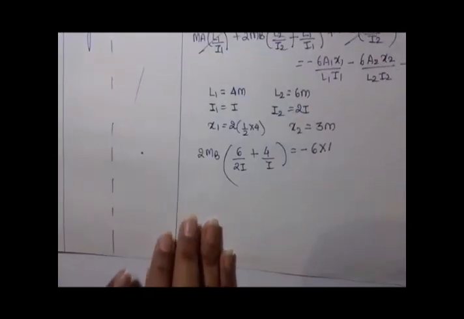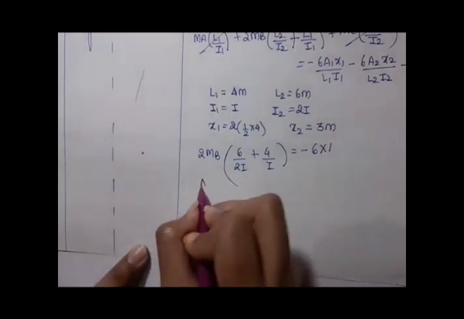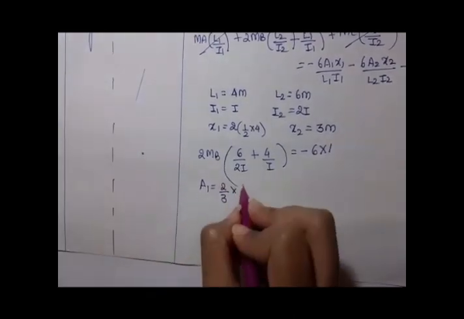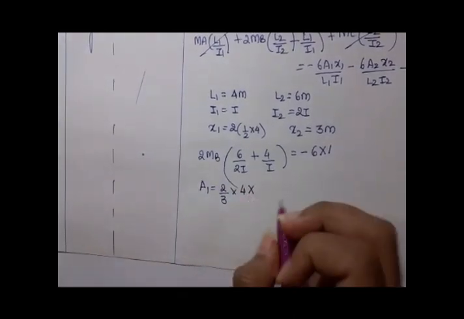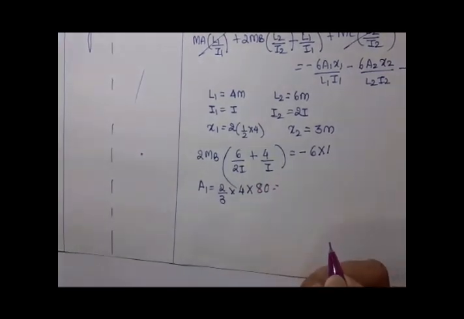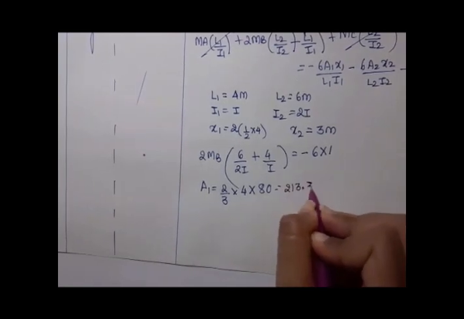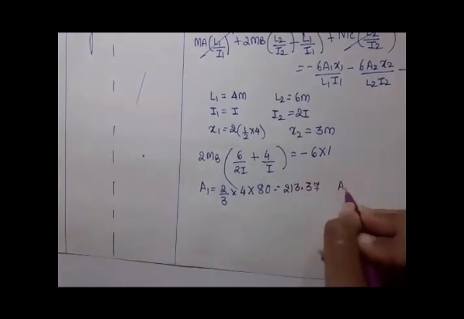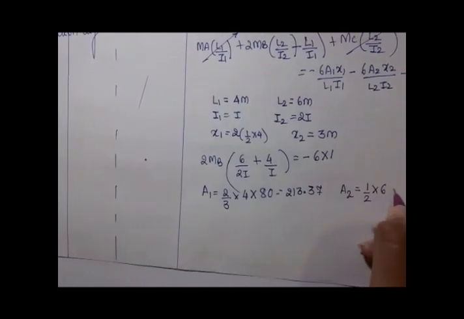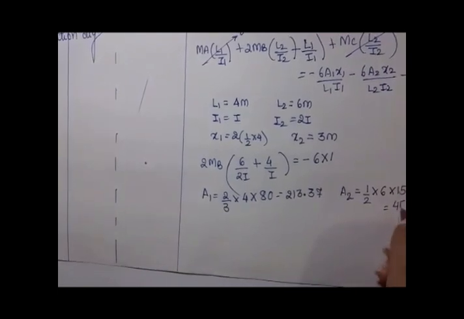So the area would be 2 by 3 into A into B, that is A1 would be 2 by 3, A means the length, that is 4, and the height, that is 80. So the answer would be 213.37, and A2 would be similarly half into base, here 6 meter, and height here 150. So the answer would be 450.